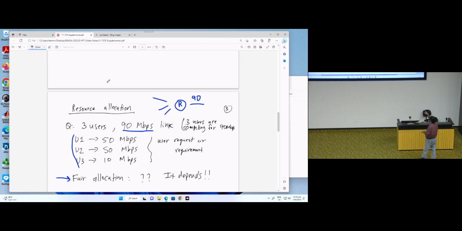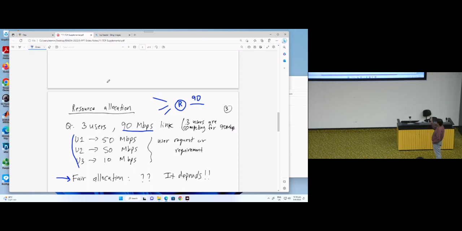So let's say you have a router and you have 3 flows intersecting. I'll call these flows users intersecting at that router, and that router has an outgoing link of 90 megabit per second, and these 3 users or flows are competing for that 90 megabit per second. Now, for the purposes of this framework, I'm going to assume that users request certain rates.